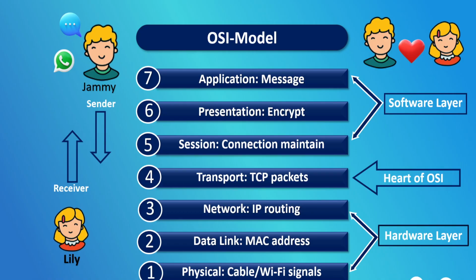We have to decide that at layer 3. So on the network layer, IP routing will be decided. A small packet of the data comes to the network, and that packet has the IP address of both sender and receiver. By judging that, it will send the data onward.